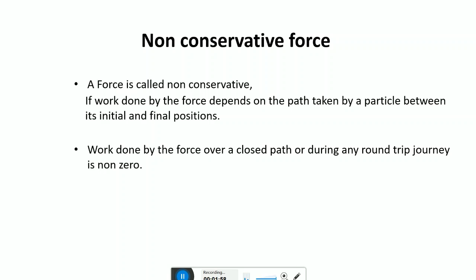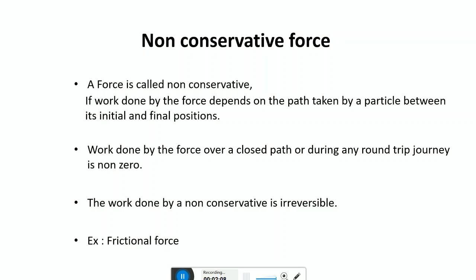The work done by a non-conservative force is irreversible. Examples of non-conservative force are the frictional force and the air resistance force.